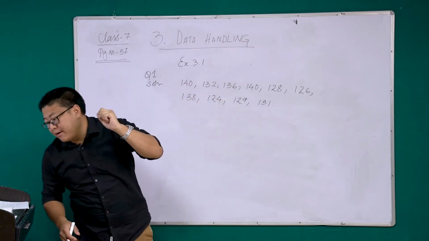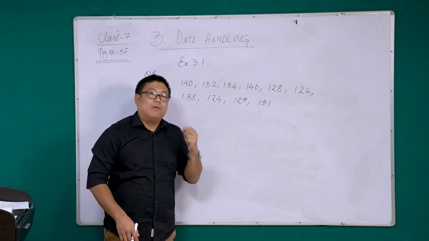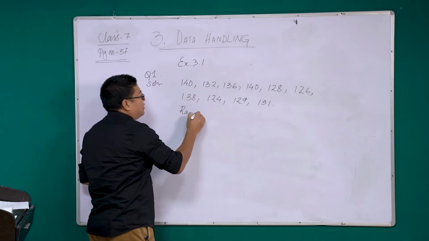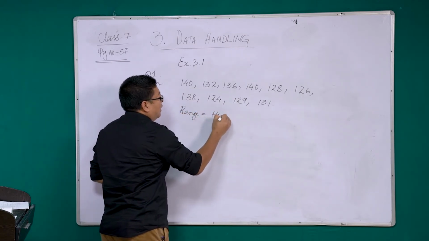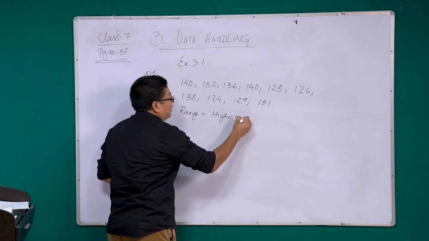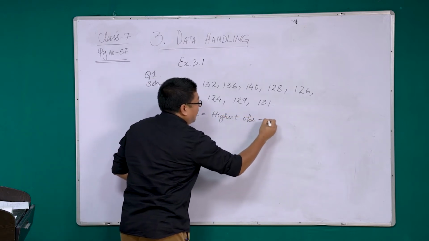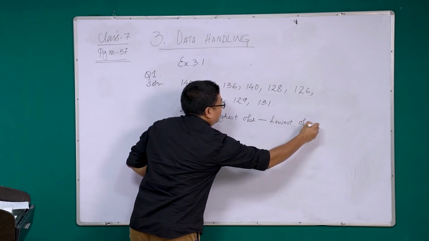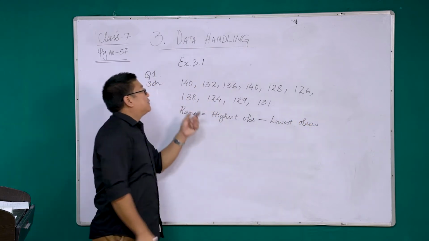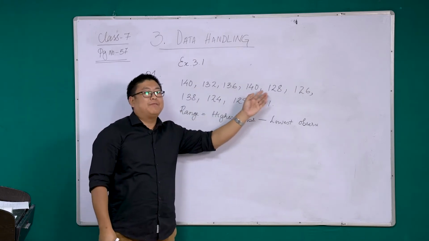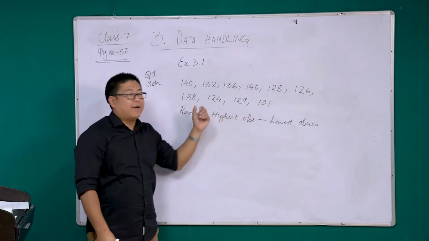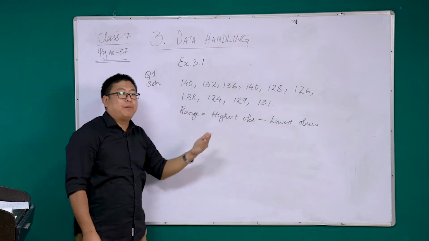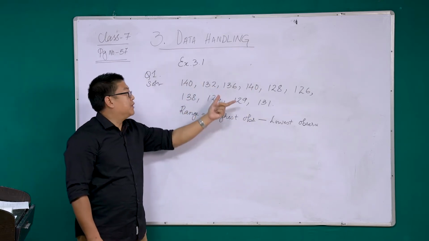In the question, they are asking us to find the range of these heights. That means range is equal to highest observation minus lowest observation. Please mind it, these values I have just assumed. This may vary according to your studies, but these values I have assumed myself.